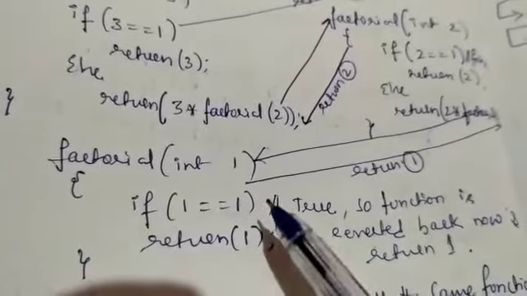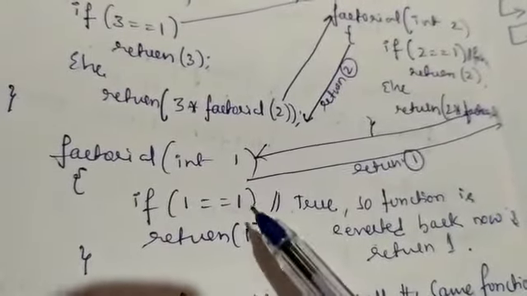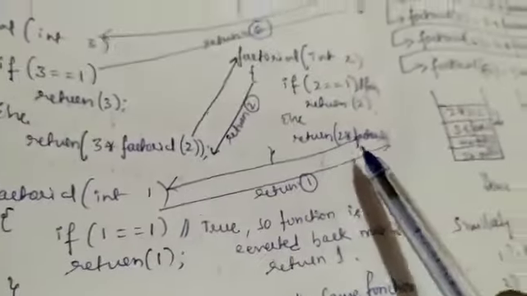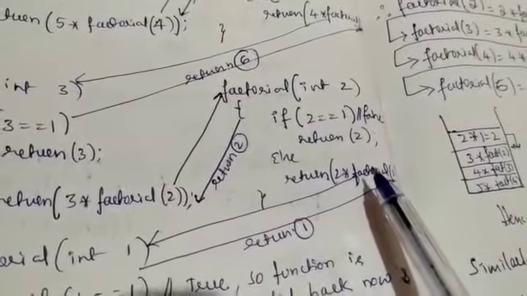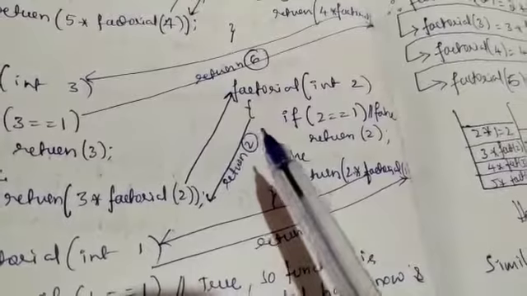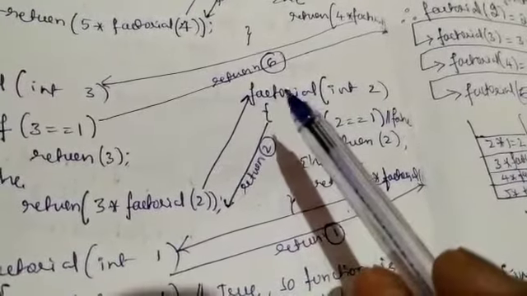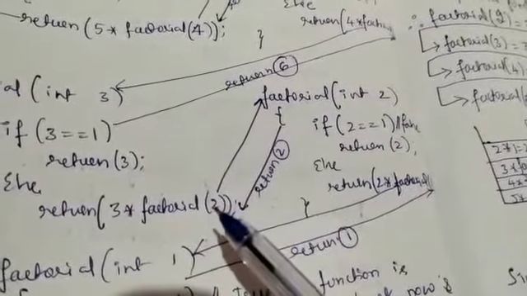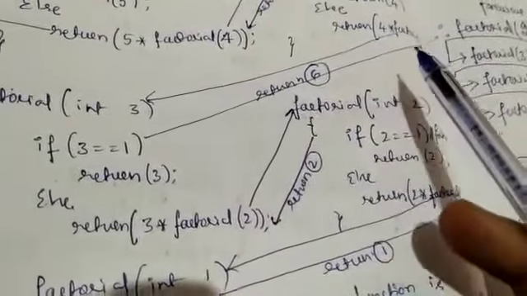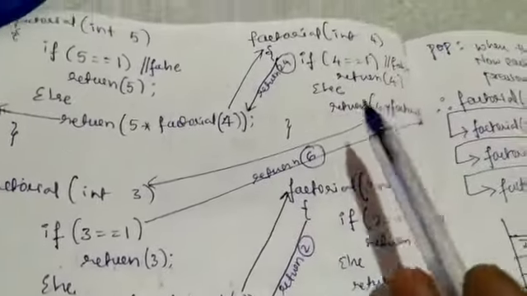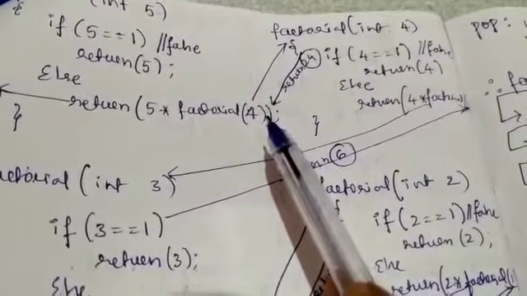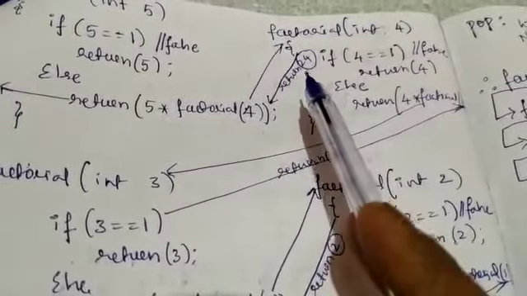See, the first value it is going to return is 1. Immediately this function will be followed, 1 into 2, that is 2 will be returned to this, and in turn this will return 2. 2 will be multiplied with 3 and it is going to return 6, and 6 is multiplied with 4. 6 multiplied by 4 is 24 and it is going to return 24.